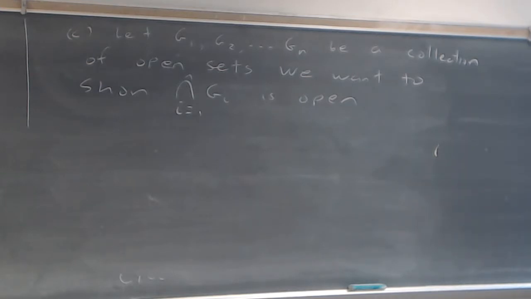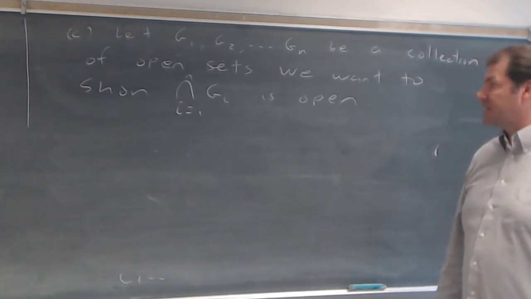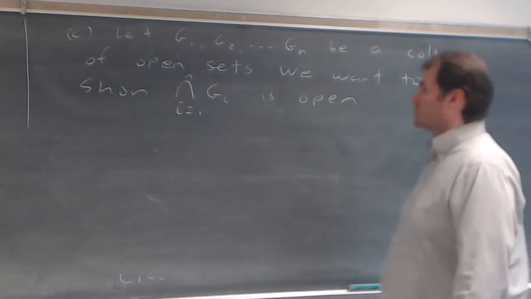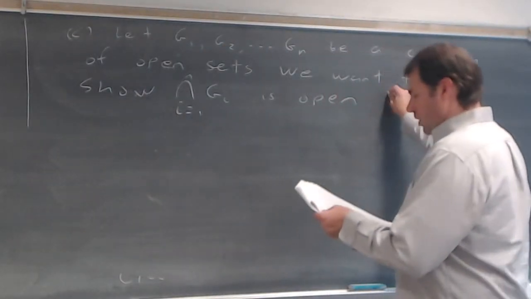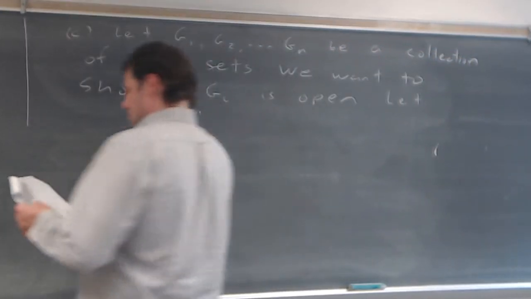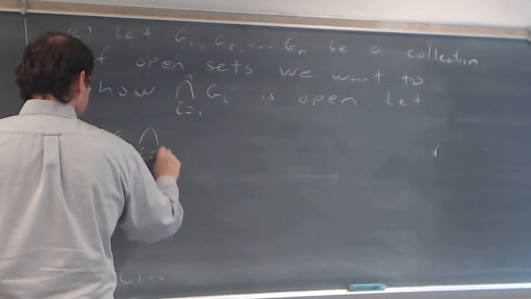And so we're going to do this directly from the definition of what it means to be an open set. What it means for a set to be open is every point in that set is an interior point of that set. So this is what we want to show. Okay. So we're going to start off with, let X be an element of this intersection.